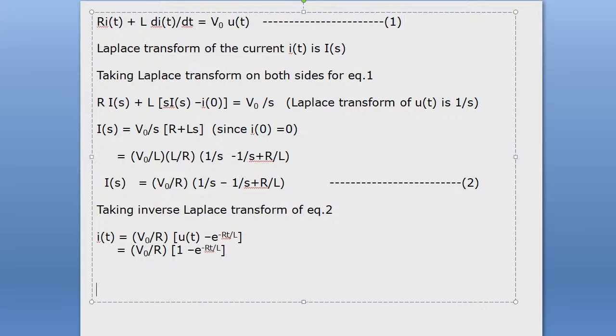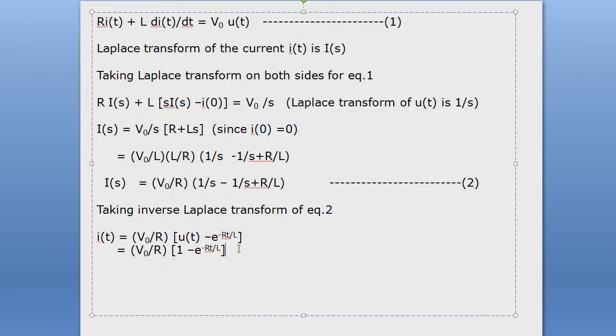This is your answer. This is actually the step response of your circuit. You write it: this is the step response of the given circuit. And you see that the response has two parts, transient as well as steady state.